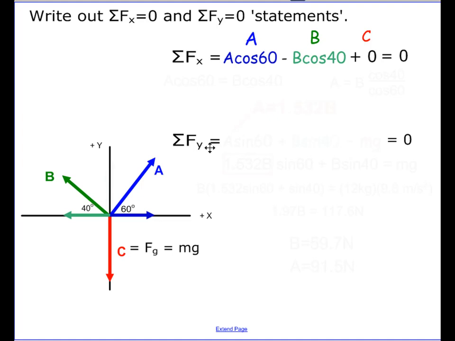Now let's do the sum of the forces in the y direction. We'll take the y component of vector A, and there we have it. And we're going to add the y component of vector B, and there you see that.